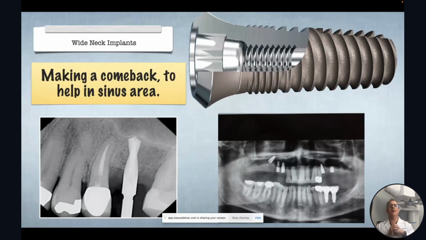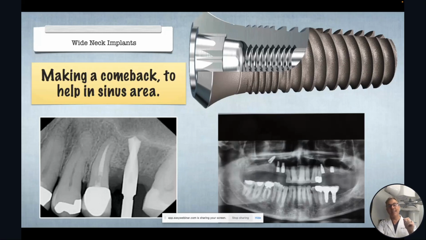Interesting enough, implants that have a polished collar, that have a transgingival portion, so tissue-level implants, have made a bit of a comeback. And where they're used is typically around sinuses. So if you think about it, we're in D4 bone, right? So it's just spongy, yucky bone.